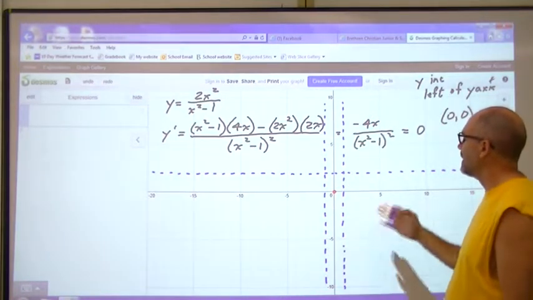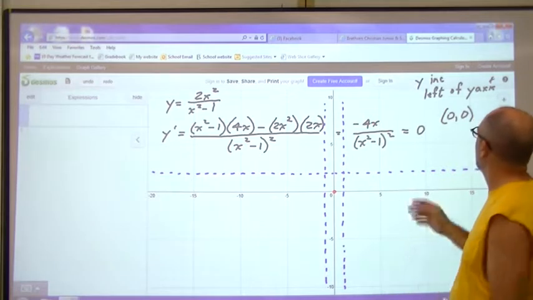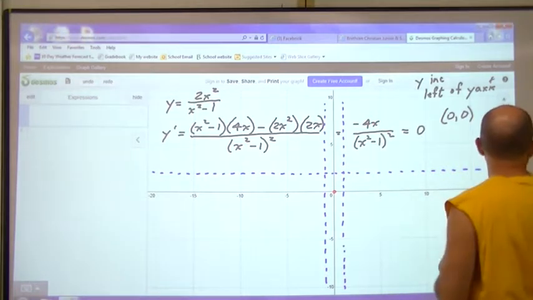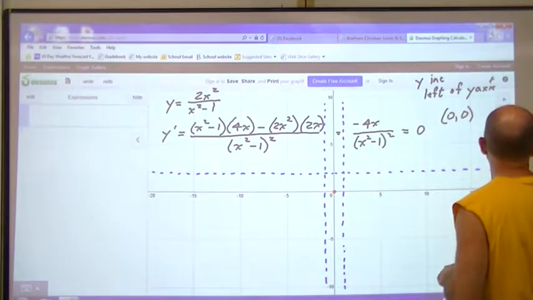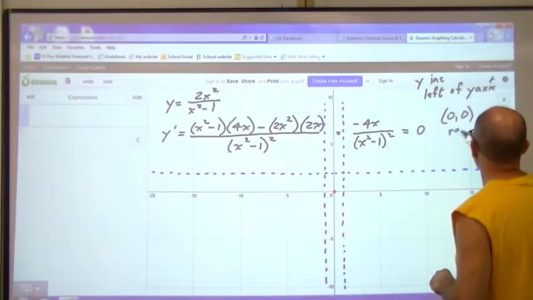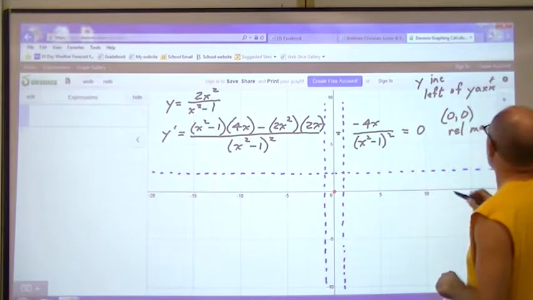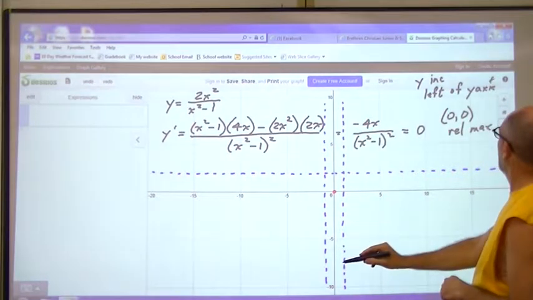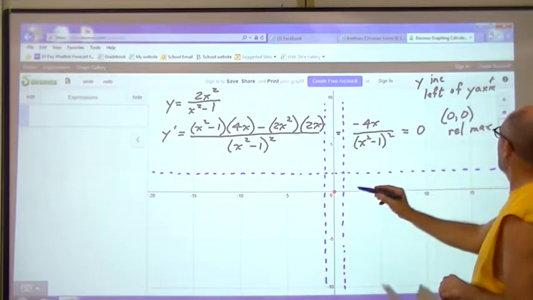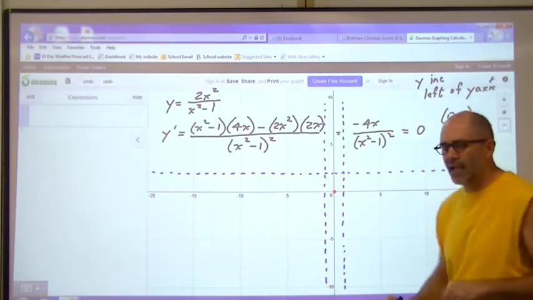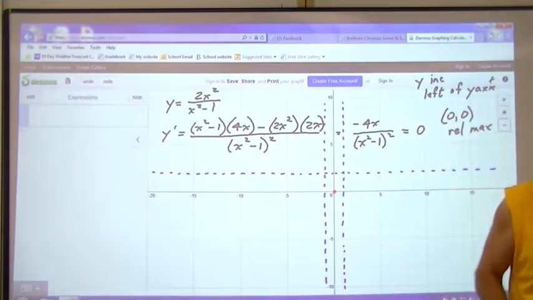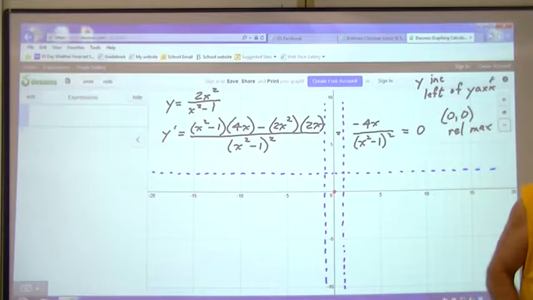So that means it has to be a maximum at 0, 0. So the point 0, 0 is a relative max. Increasing to the left, decreasing to the right. Yeah, so you have a max at 0, 0.